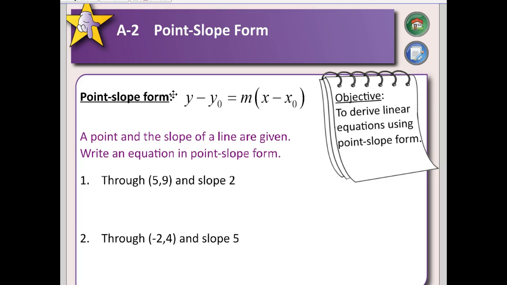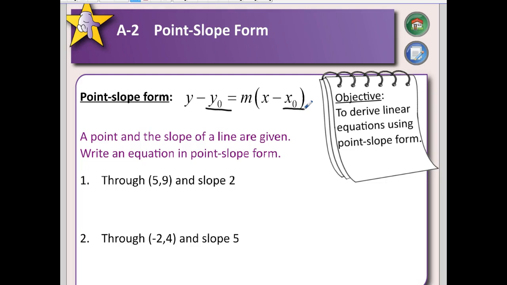But as we go through here, it says a point and the slope of a line are given. Write an equation in point-slope form. So if you look up here, we've got this little idea of y prime and x prime.